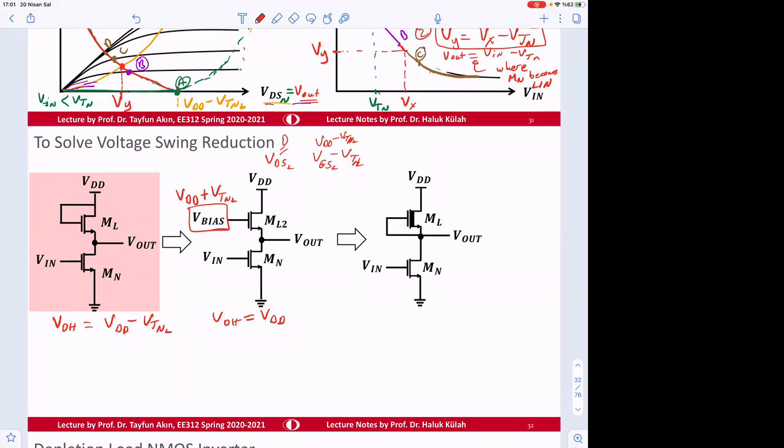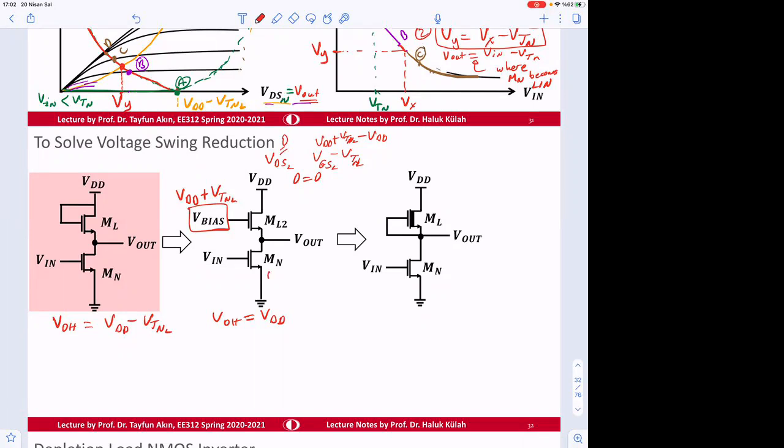Gate to source is equal to VDD plus this one, V gate, and then minus the source, VDD. Yeah, so it will be consistent. Threshold voltage, that's going to be equal to each other. So it's going to be 0 is equal to 0. So it's the transition point from linear to SAT. So the equations will be consistent.